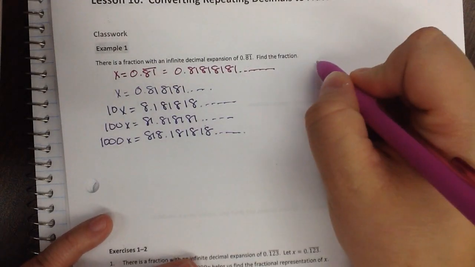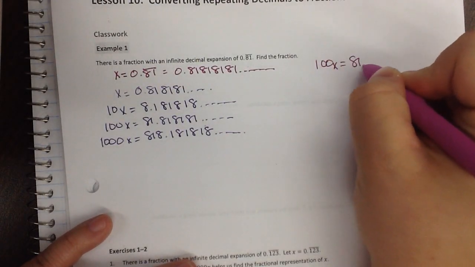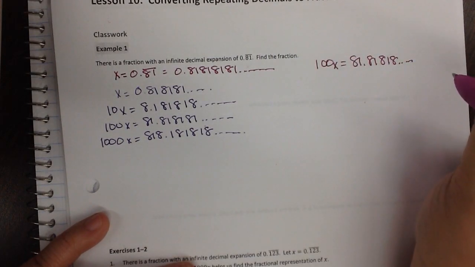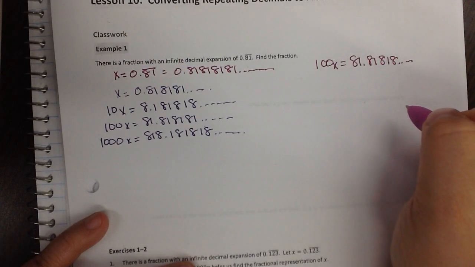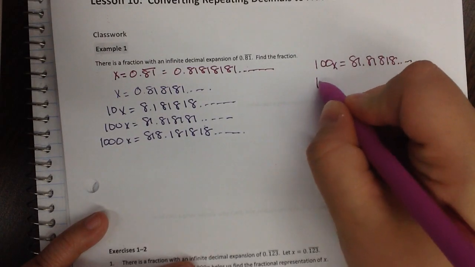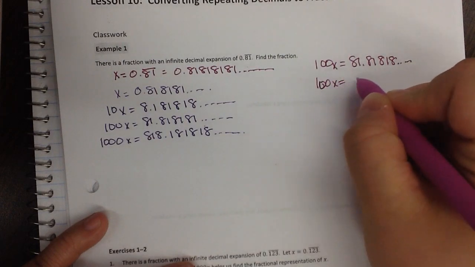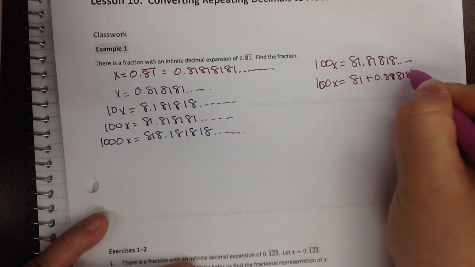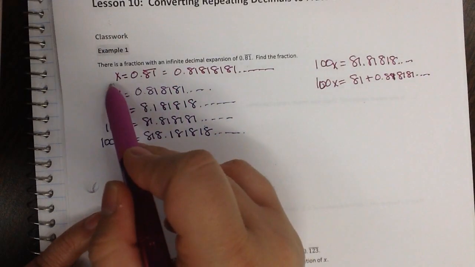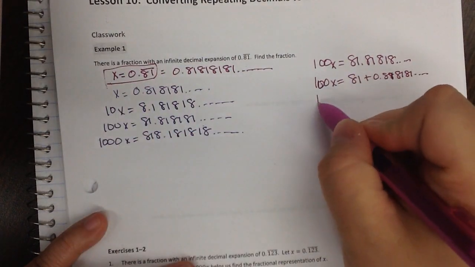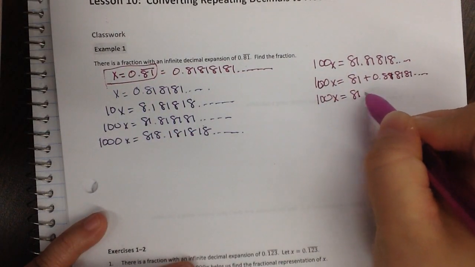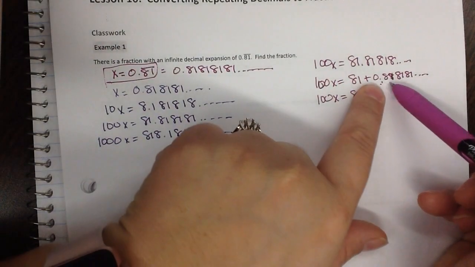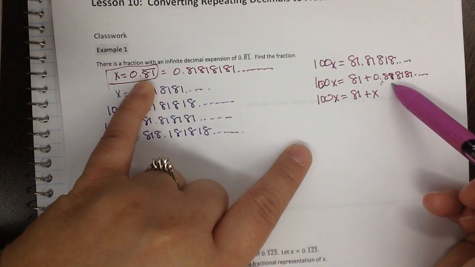If we have 100x equals 81.818181 repeated, then 100x equals 81 plus 0.818181 repeated. And we said that x was that repeated decimal, so 100x equals 81 plus x. I just replaced this repeating part with the x we set up here.